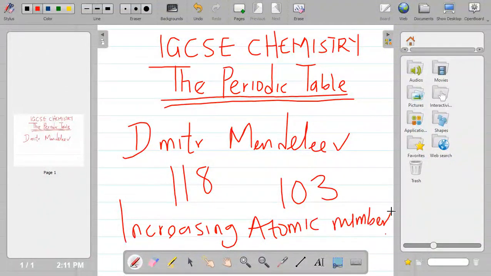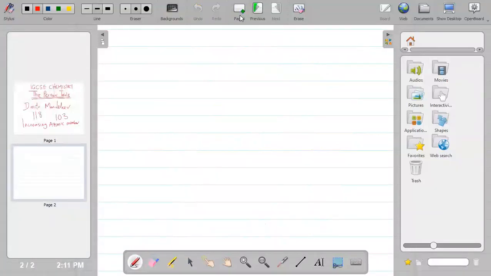Like I said earlier, the periodic table is a table which shows the arrangement of elements in order of their atomic number. Each element has one proton more than the element preceding it. This arrangement is done so that the elements end up in columns with other elements which have similar properties.